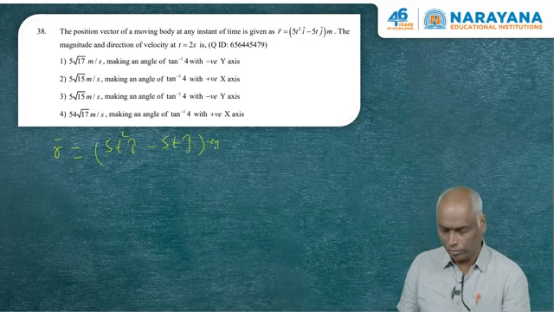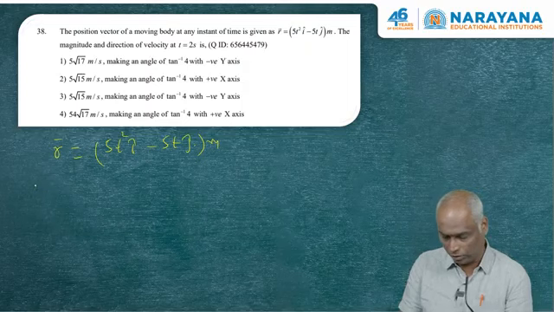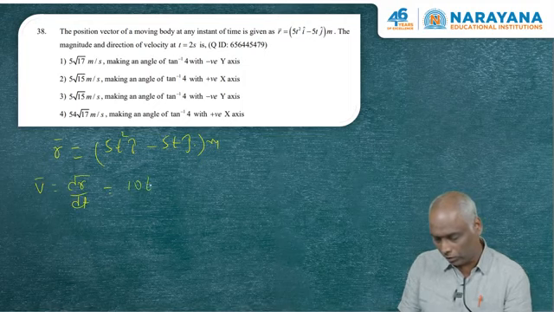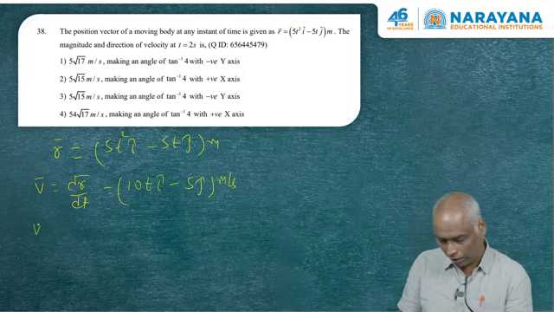When you want to find velocity, instantaneous velocity is given by v bar equals dr bar by dt. That becomes 10t i cap minus 5 j cap meter per second. You're asked to find the instantaneous velocity at t equals 2 seconds.